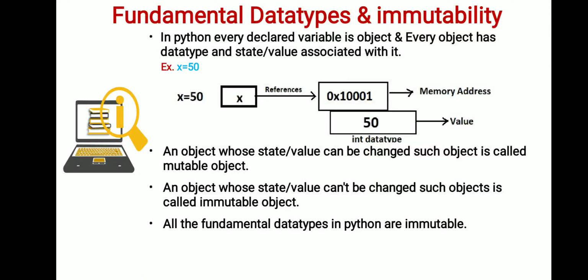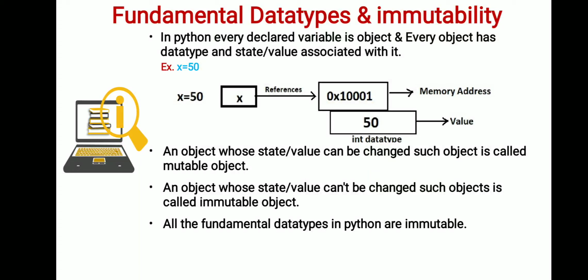When Python executes x = 50, this creates an integer object at some memory location, say 0x10001, and stores the value 50 at that memory location. Here x doesn't contain the value 50, but it just holds the reference or memory address to this object.